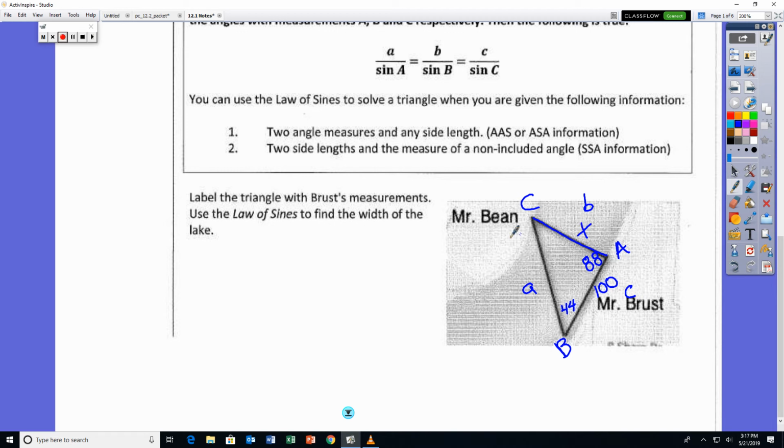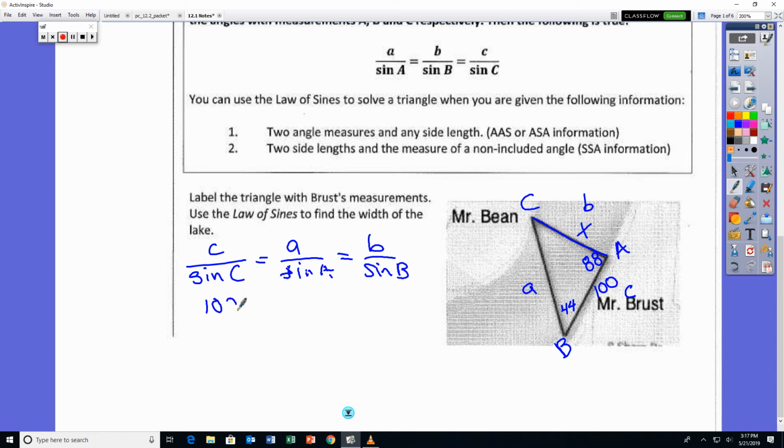So now to be able to try to find a missing side, we can use our law of sines. So I could say that C over sine of C is one thing, and that would be the same as A over sine of A, which is equal to B over sine of B. Now in this, we know what C is.